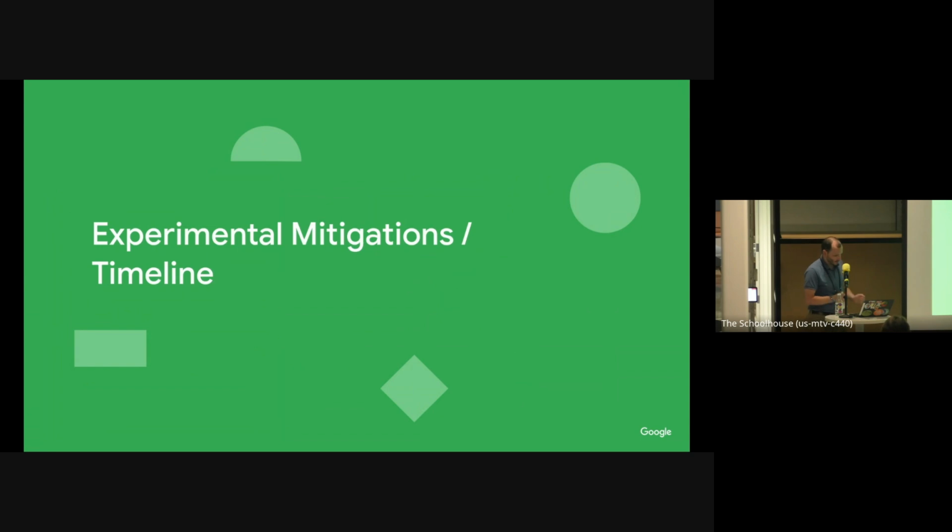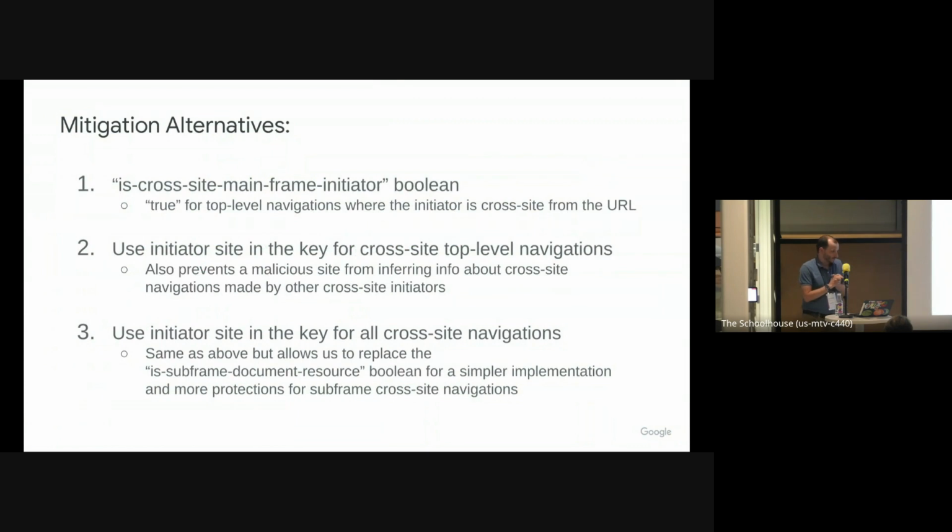So we would like to experiment with incorporating the initiator into the key so that we can mitigate this vulnerability. We've come up with 3 strategies that would mitigate the attack, and also provide different levels of protection for similar attacks or other types of cross-site leaks. The most basic is adding another Boolean to the key that is set to true for cross-site mainframe navigations.